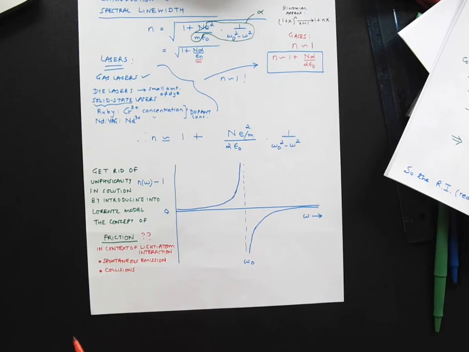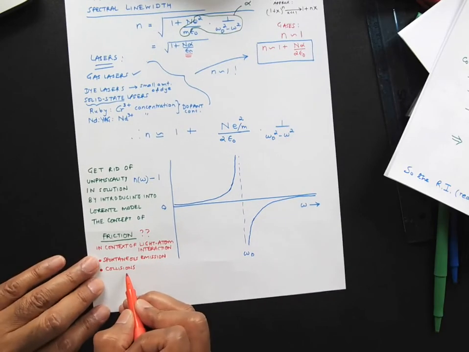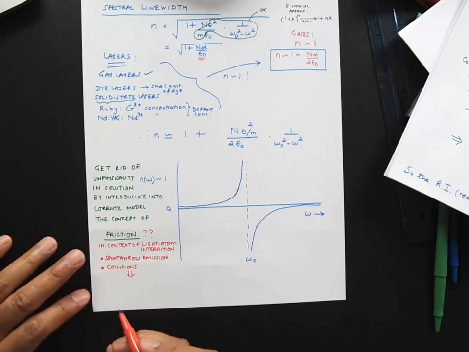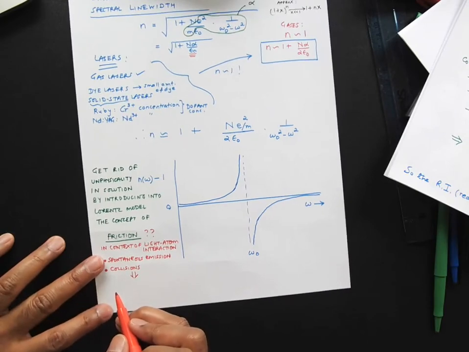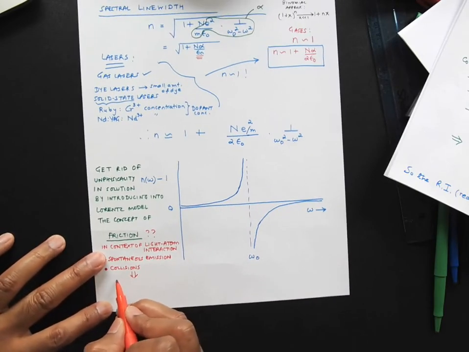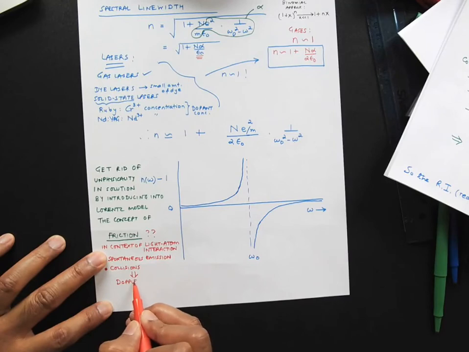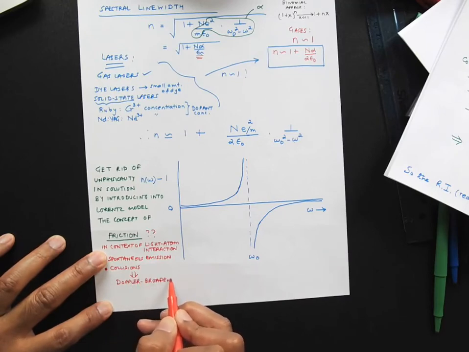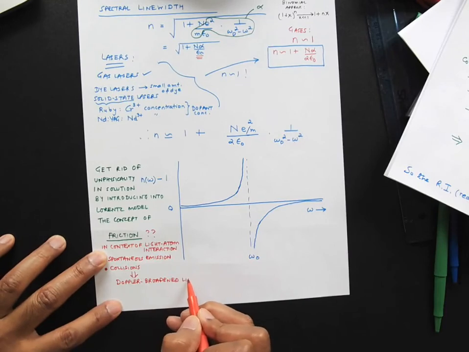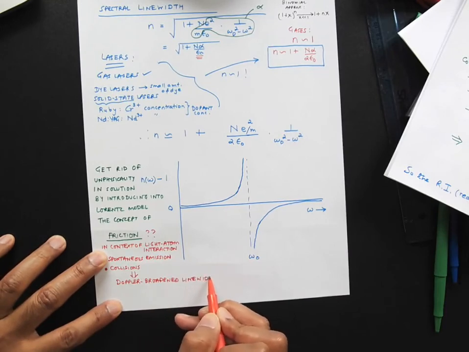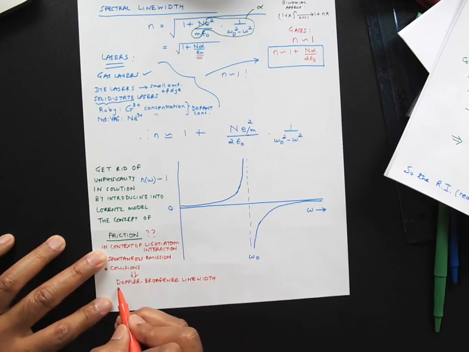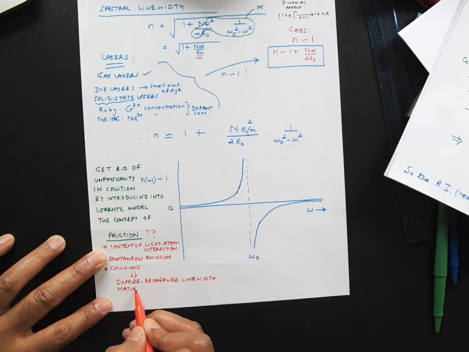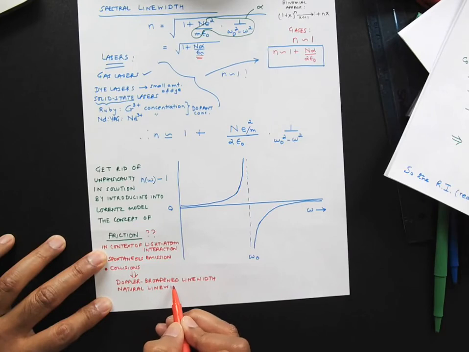effects like this, which will then lead us to effects such as Doppler broadening, the Doppler broadened line width, which we'll talk about. It will also lead us to the natural line width, which I have discussed before.